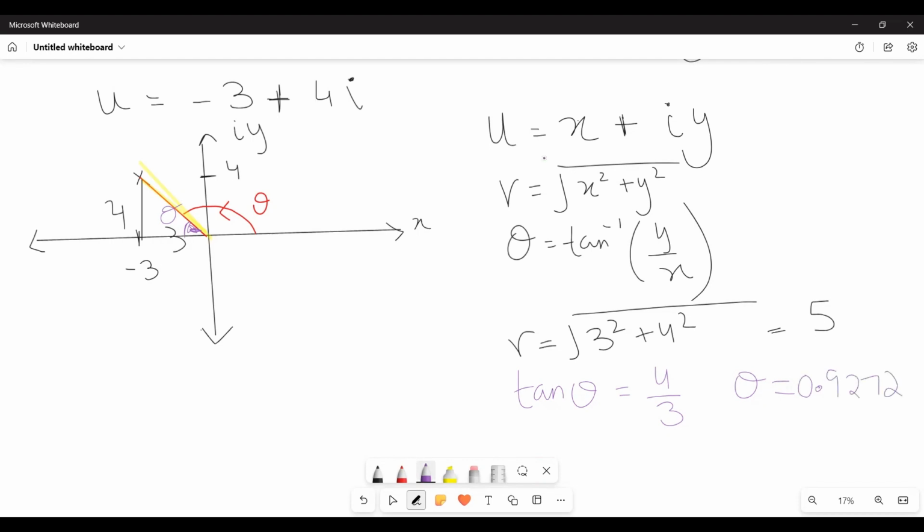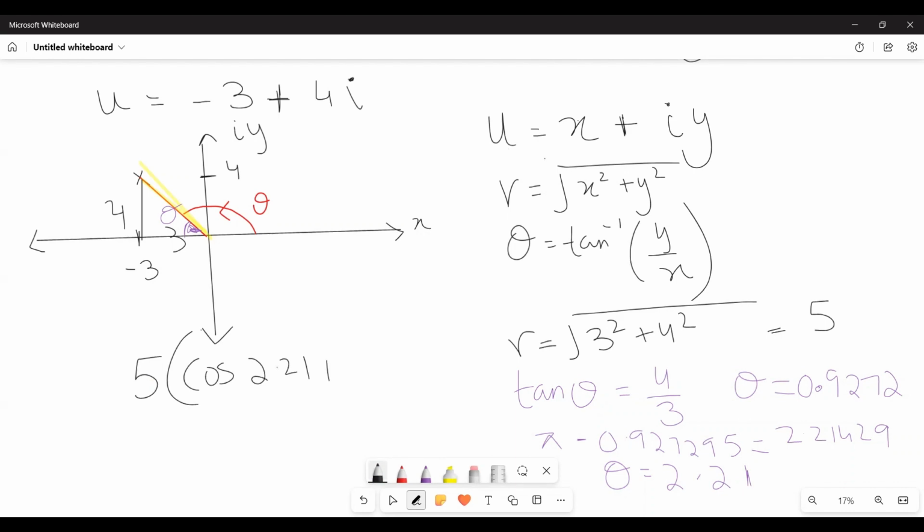So subtract that from pi: pi minus 0.927295 is 2.21429. So theta is 2.21 after rounding. So the polar form is going to be 5 bracket cos 2.21 plus iota sine 2.21.